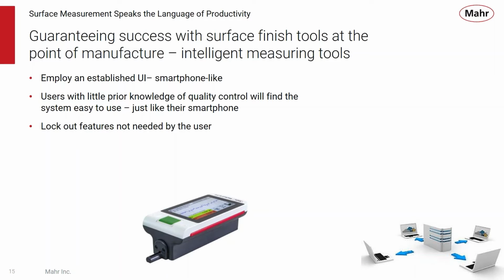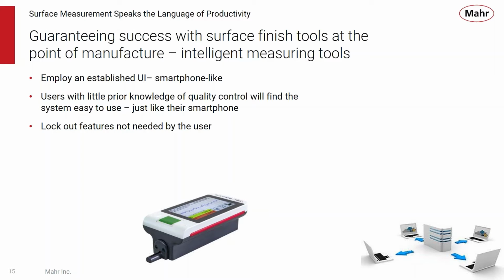Now, how can we guarantee success with surface finish tools at the point of manufacture? What we do is we try and make intelligent measuring tools, and we employ a user-established interface so that it's kind of like a smartphone. People today are very comfortable using smartphones.